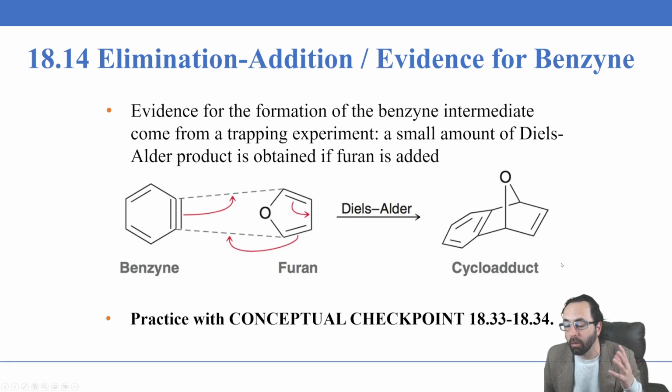And so the presence of this benzyne intermediate was confirmed by the introduction of furan into this reaction and the production of some of this cycloadduct, which indicates the presence of the benzyne as an intermediate, because this stable product was formed and then later detected.